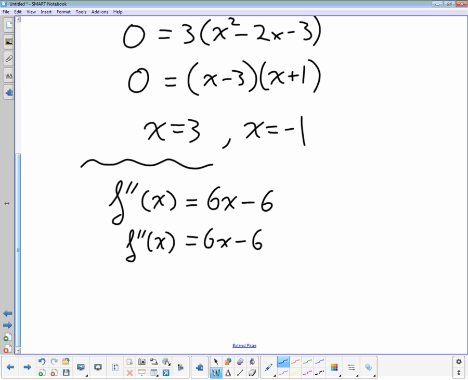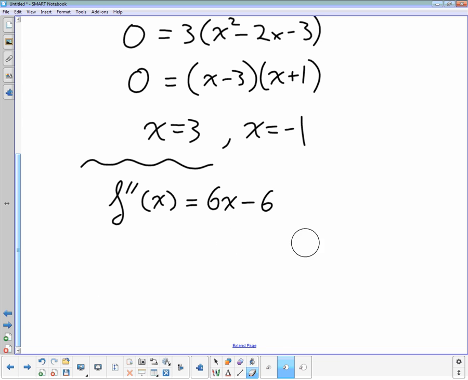This one you're not going to set to 0, so I'm not interested in finding out where it changes. I'm going to talk about that later. All right, so this is my second derivative. Okay. So we're going to plug in this or this. So f double prime of 3.